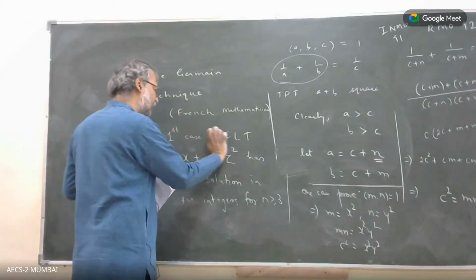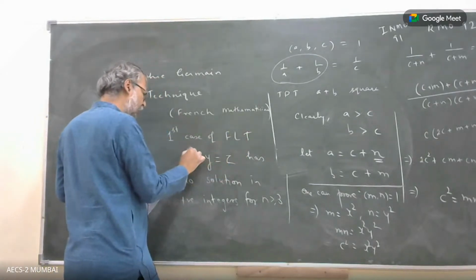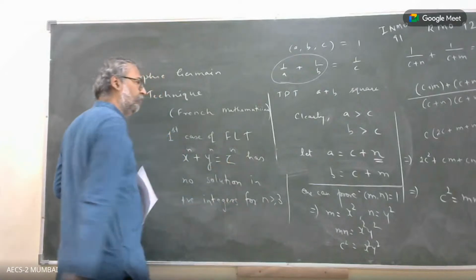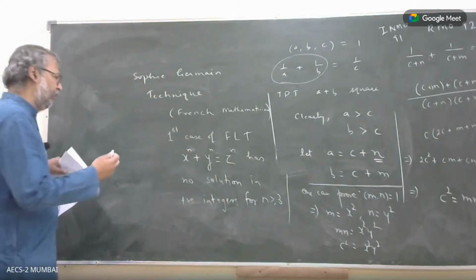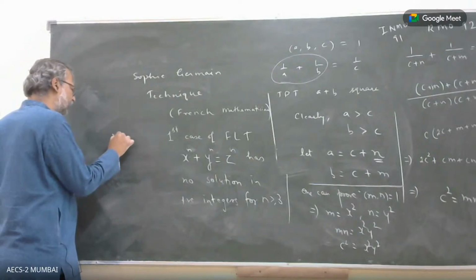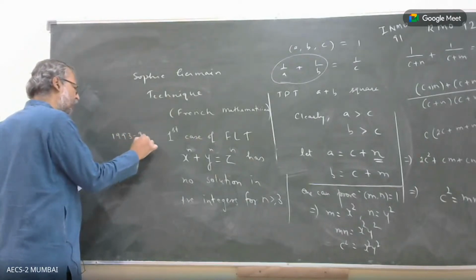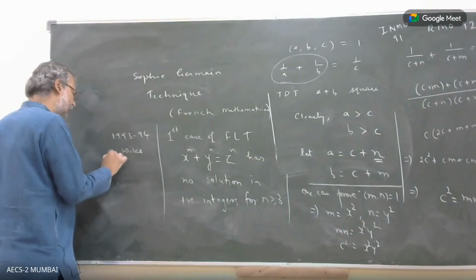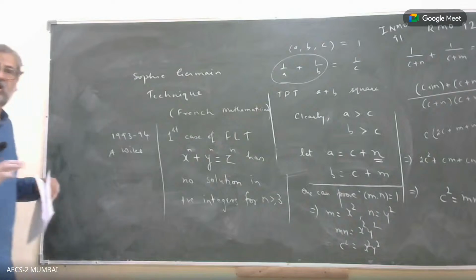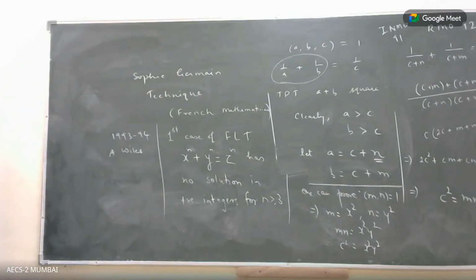But if you replace it by anything bigger than 2, there is no solution. That result was unproved for 300 years. Finally, in 1993-94, Andrew Wiles for the first time claimed that he has solved the problem.